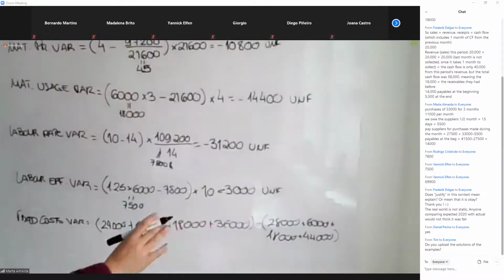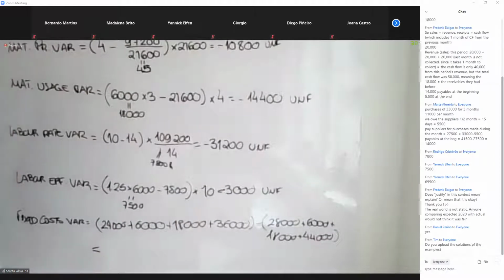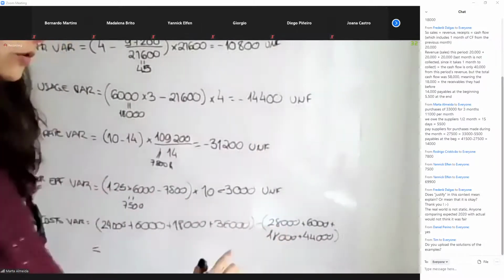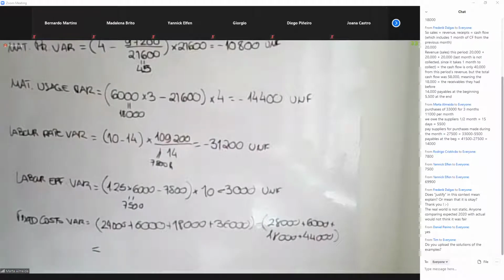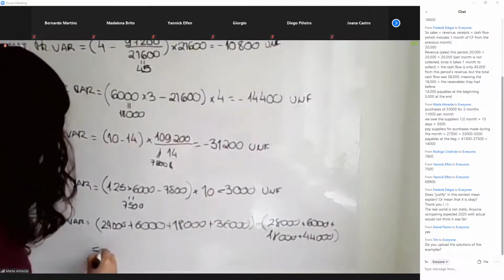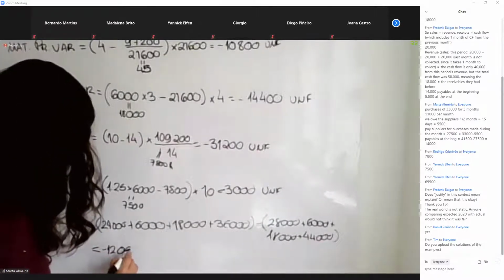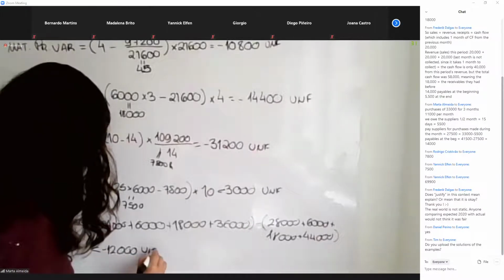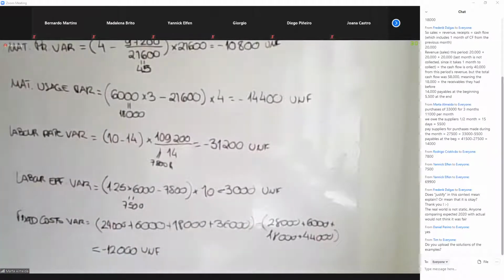So if we make the difference of these two, the budget and the actual fixed costs, we get minus 12,000. And this is unfavorable because we had more fixed costs than what we expected.